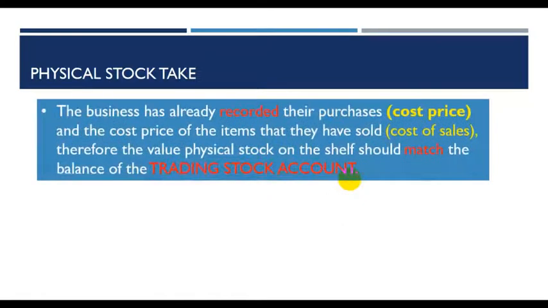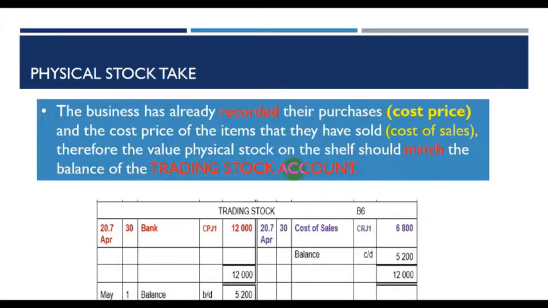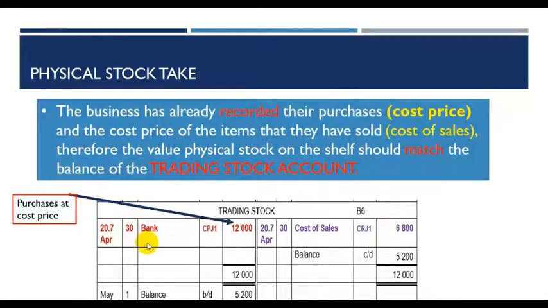Right, so we already know that the business recorded their purchases at the cost price. So in this case, the business bought 12,000 rands worth of stock, and we recorded it at the cost price. We bought it by check, so our bank was involved. We know that the business records the items that they've sold at the cost price.